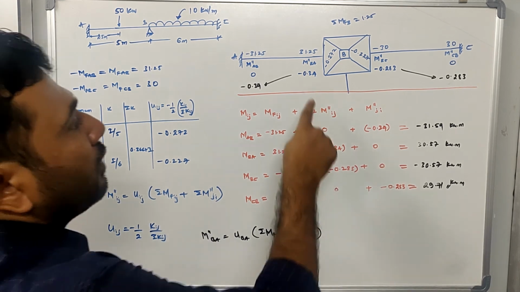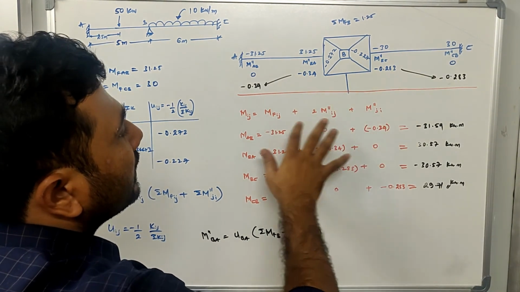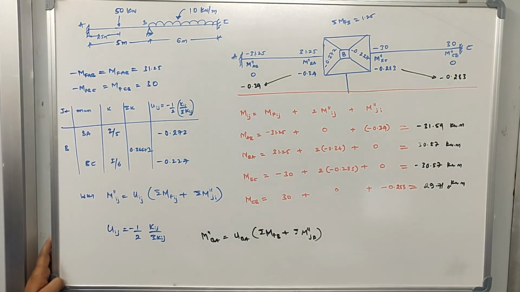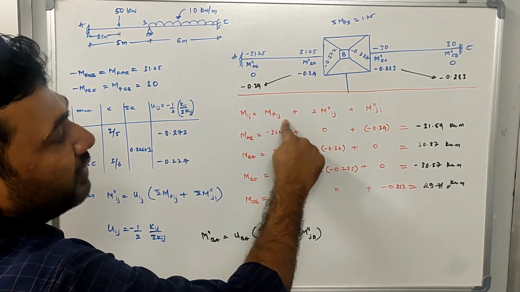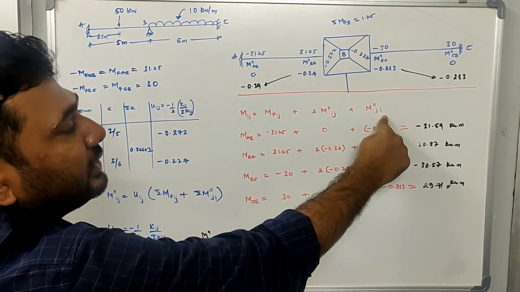Now, once we have calculated all the rotation moments, the next thing is to calculate the end moments, MAB and so on. To calculate the end moments, we need to go back to the earlier equation: Mij equals MFij plus 2 times M double dash ij plus M double dash ji.